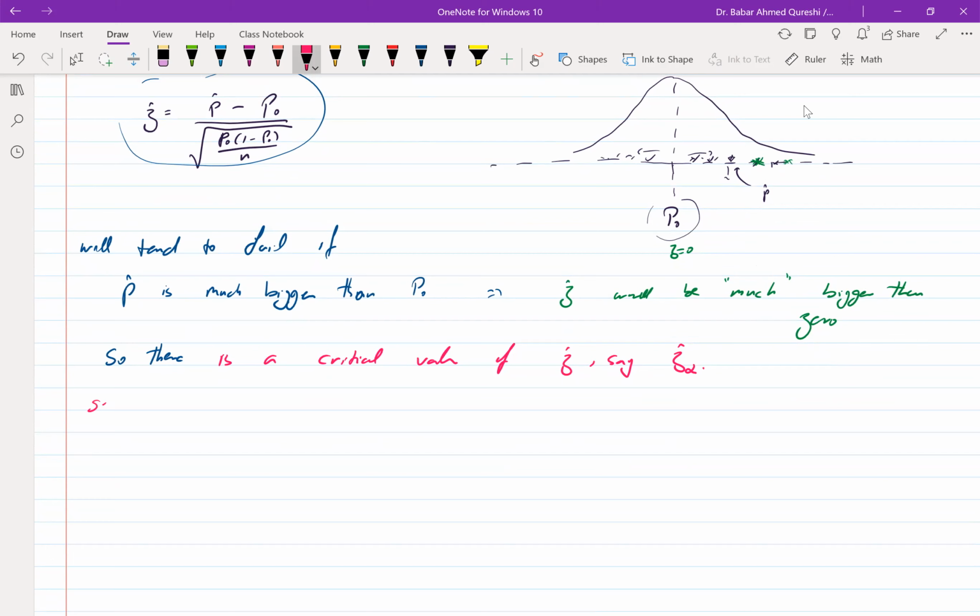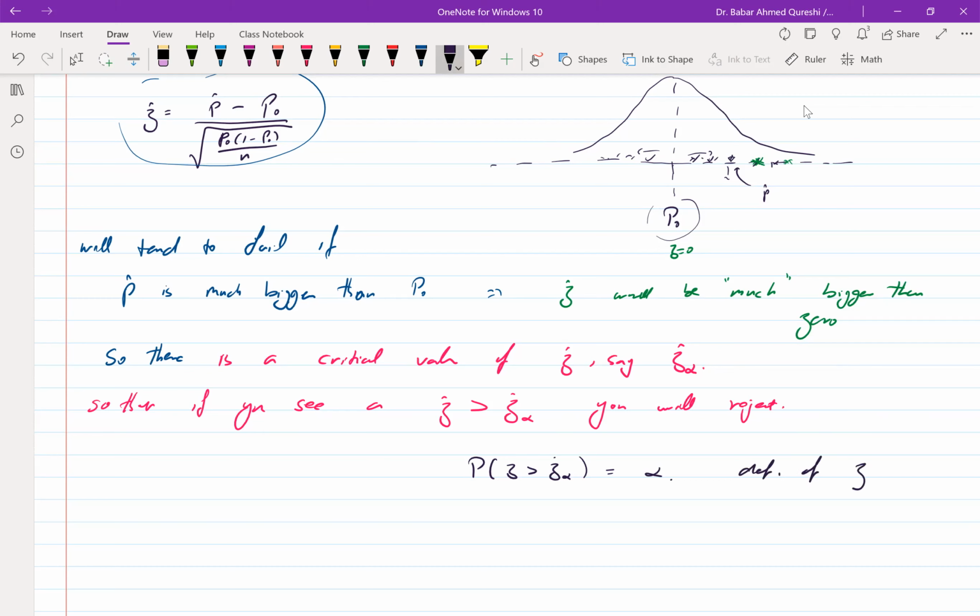So that if you see a z hat greater than this critical value, you will reject. And how is this critical value computed? Again, if z is larger than this z alpha, the chance of that happening should only be alpha. That's the definition of z alpha, just like before.